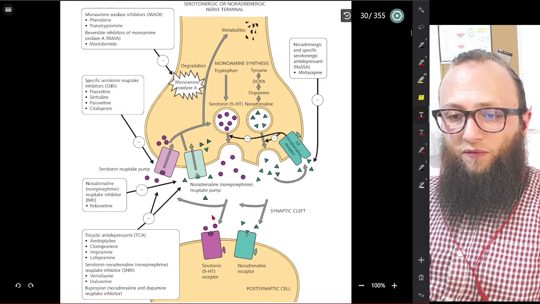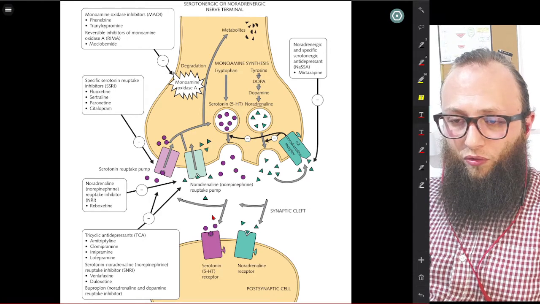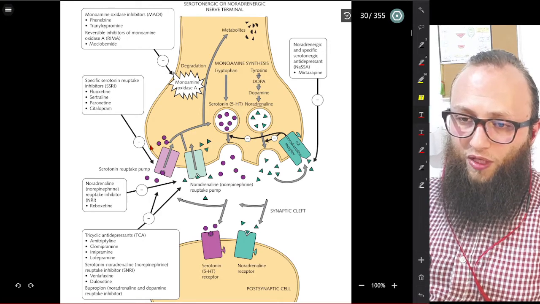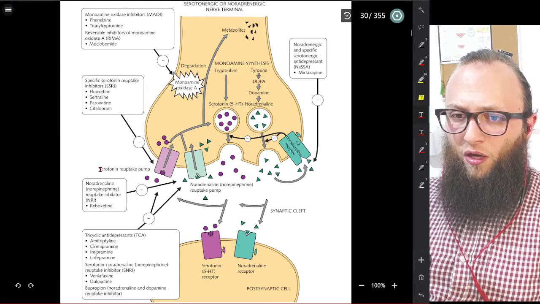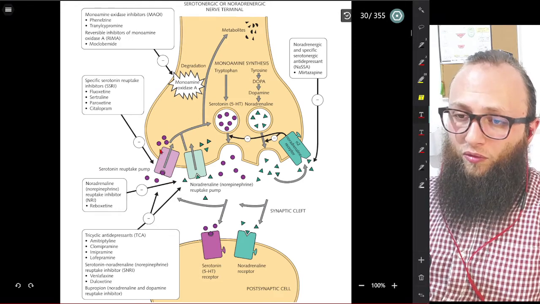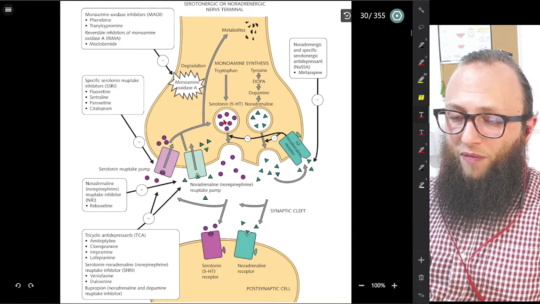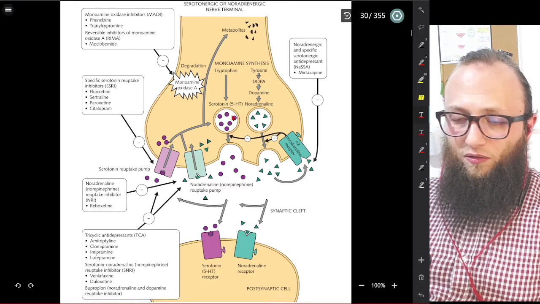And after it finishes its role, it would be reuptaken by the serotonin reuptake pump, or what we call serotonin transporter, to get back to the neuron, and then to be packed within vesicles to be used when needed.